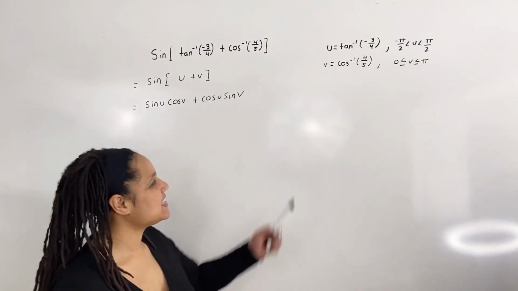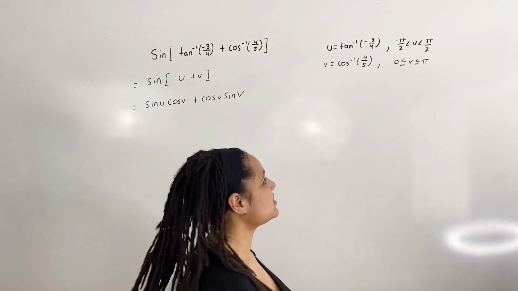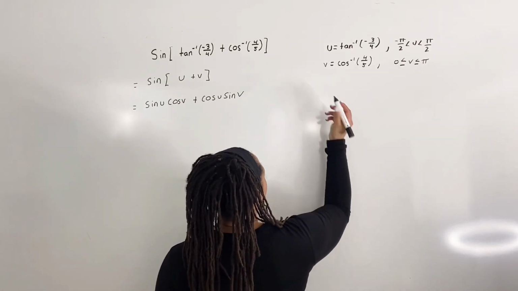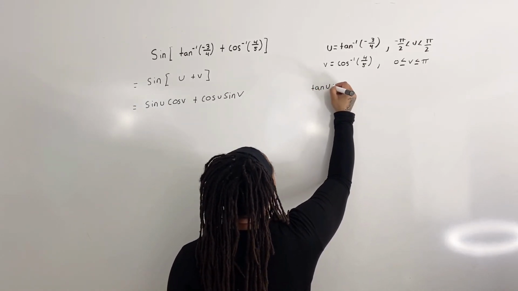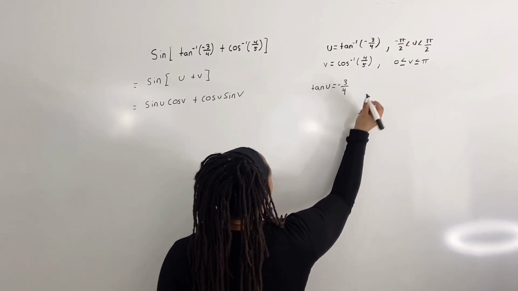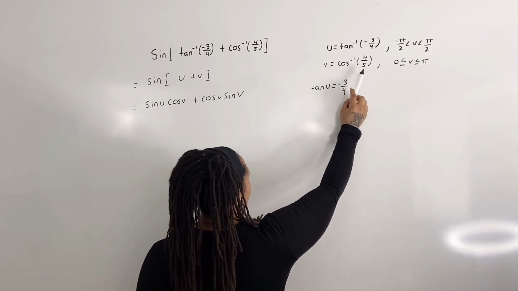Looking here, we see that u is equal to tan inverse of -3/4. What this means is that I can take tangent of both sides to get tan of u is equal to -3/4. And here we have v is equal to cosine inverse of 4/5.